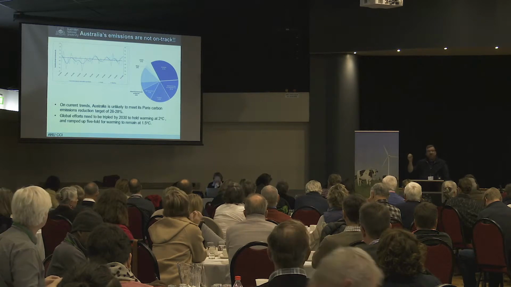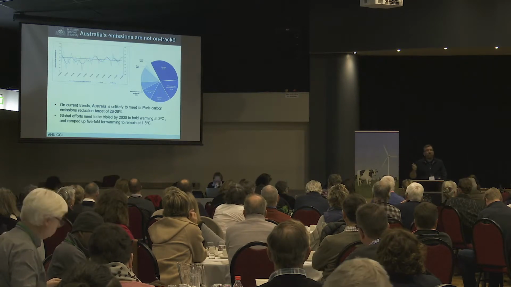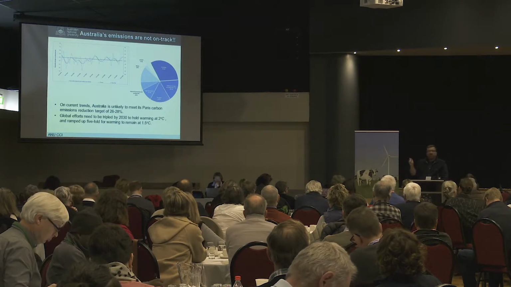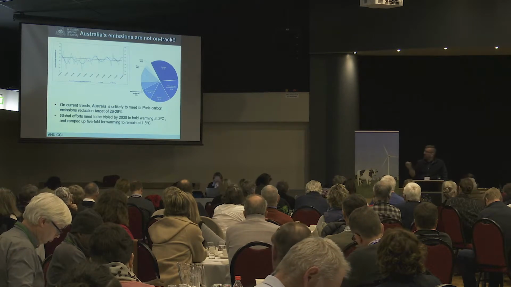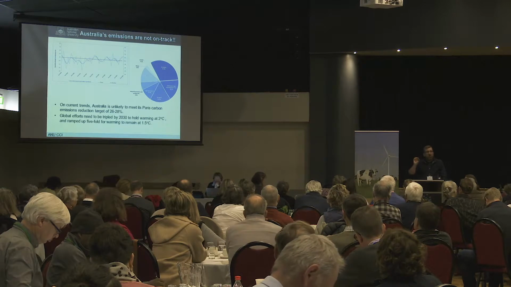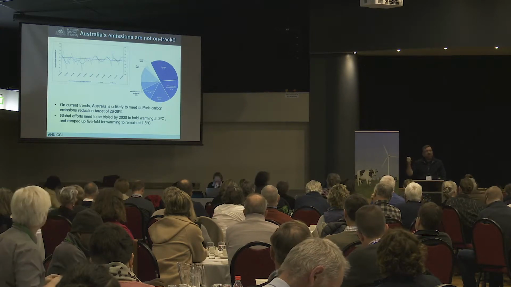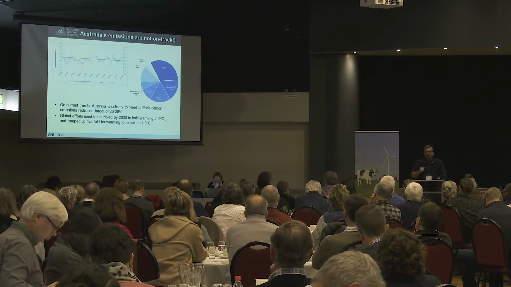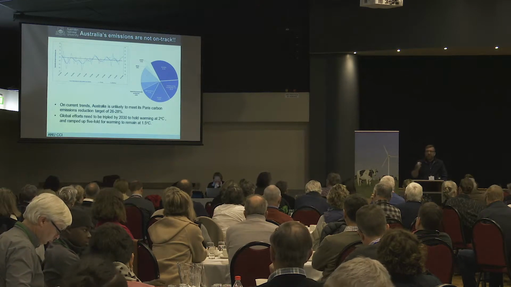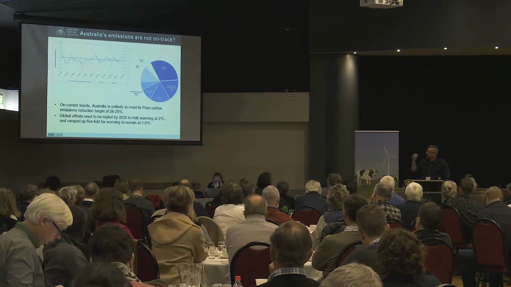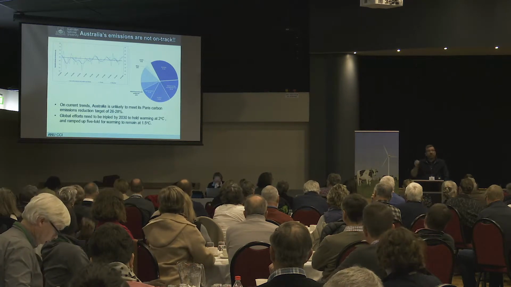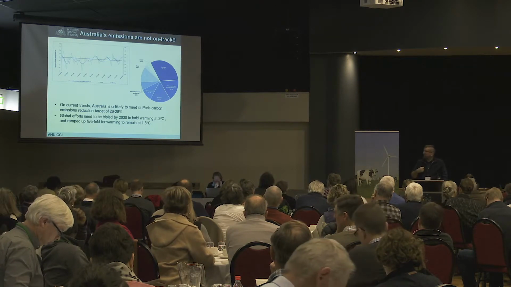They did go on to say that this is a significant issue, that global efforts need to be tripled by 2030 if we are to hold warming below 2 degrees, and ramped up to a 5-fold increase if we want to keep below 1.5 degrees. So considerable global effort is required to keep the emissions down to those levels.